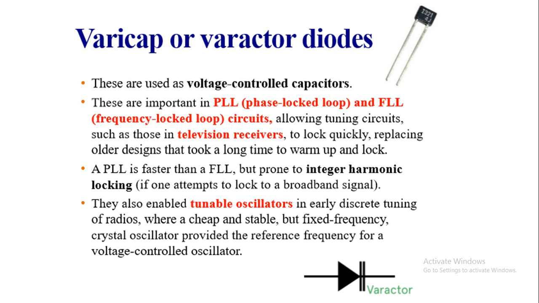Early discrete tuning of radios was cheap and stable, but a fixed frequency crystal oscillator provided a reference frequency for all voltage controlled oscillators. And this is simple, just like a capacitor connected in circuits, with two pins.